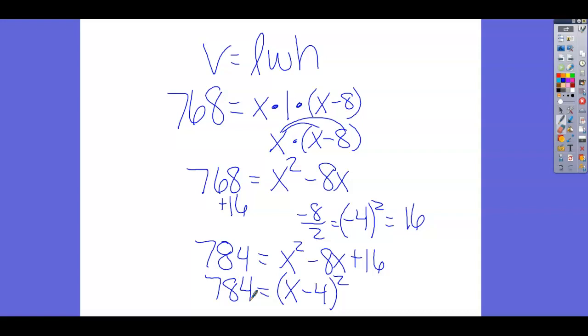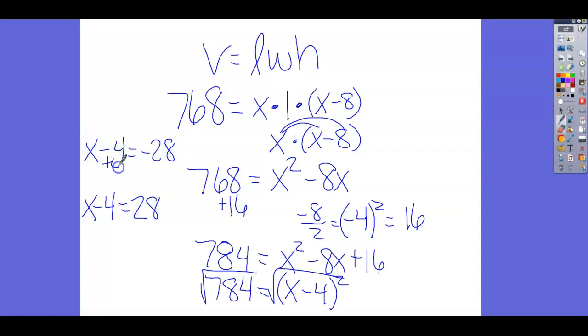Yep. Is it a perfect square by chance? It is? What is it? 28. So I would get the positive and the negative, right? So then I'd add 4 to both sides, correct?